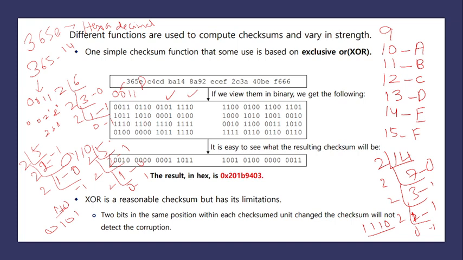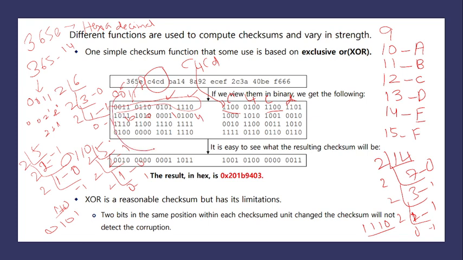Like that, this total 16-bit component is equal to 365E, and this component, C4CD, is equal to this value. Like that, here this is BA14.